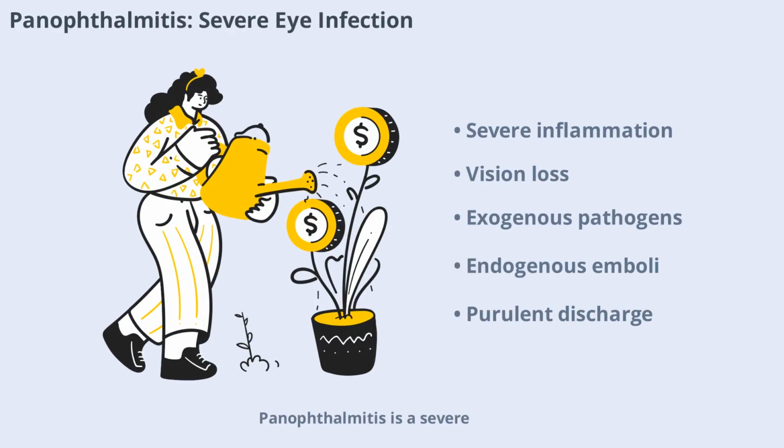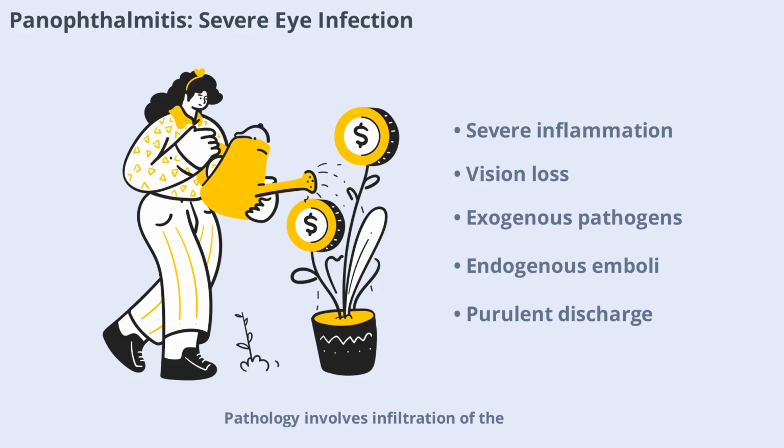Panophthalmitis is a severe, purulent inflammation of all eye structures, including Tenon's capsule, leading to vision loss by fibrosis, atrophy, or globe rupture. Etiology includes exogenous entry of pathogens via corneal perforation and endogenous septic emboli.